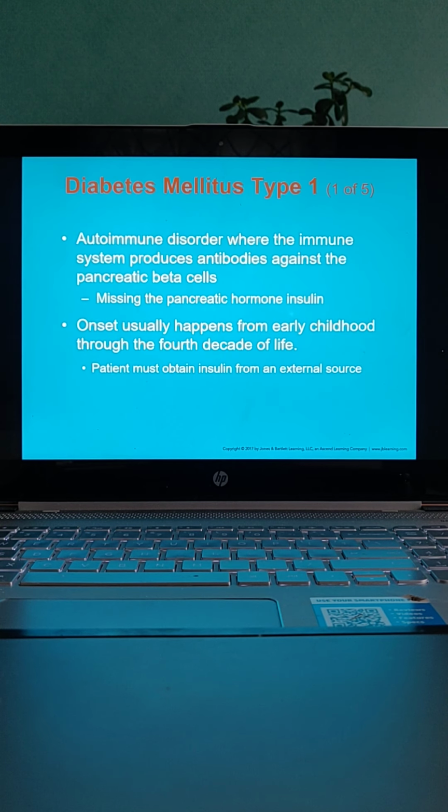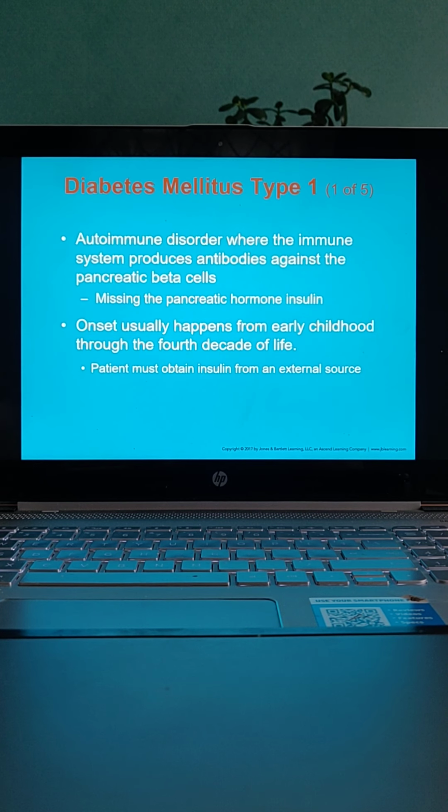Diabetes 1, or diabetes mellitus type 1. It's an autoimmune disorder where the immune system produces antibodies that attack the pancreatic beta cells. Okay? Now, if you remember, I had mentioned earlier, I apologize, let me go back to my notes.